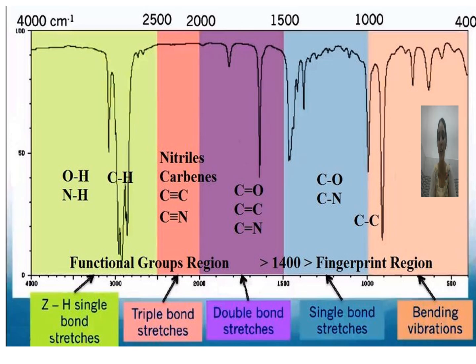The functional group region, that is the region between 4000 and 1400 centimeter inverse, has the characteristic peaks for functional groups like OH, C=O, C=C, and C=N, and the fingerprint region ranges from 1400 centimeter inverse down to 400 centimeter inverse.